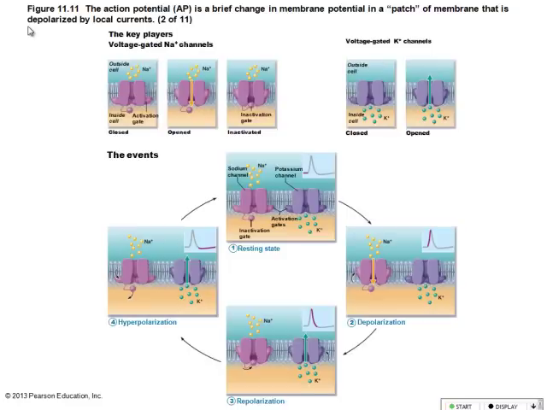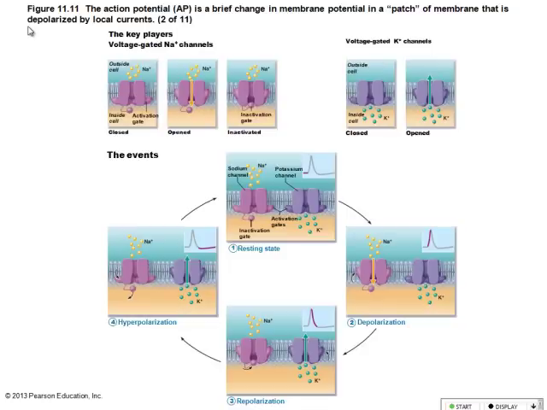And if you look at the diagram, you can see the picture of the action potential, and what's going on with these pumps during that portion of the action potential. So at rest, sodium and potassium pumps are working, pushing potassium in, pushing sodium out, giving us that minus 70 millivolt charge.